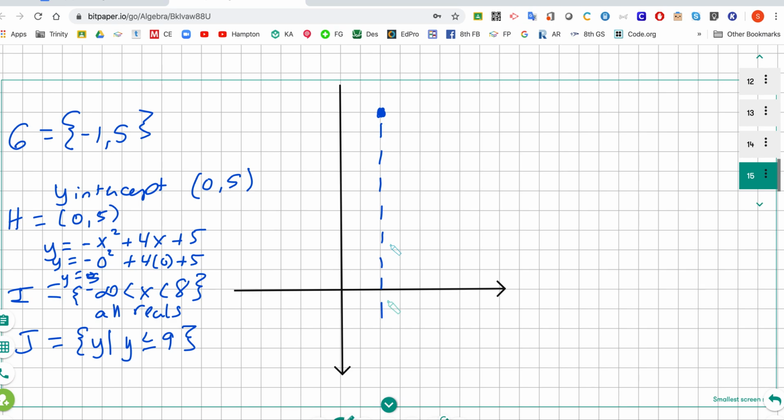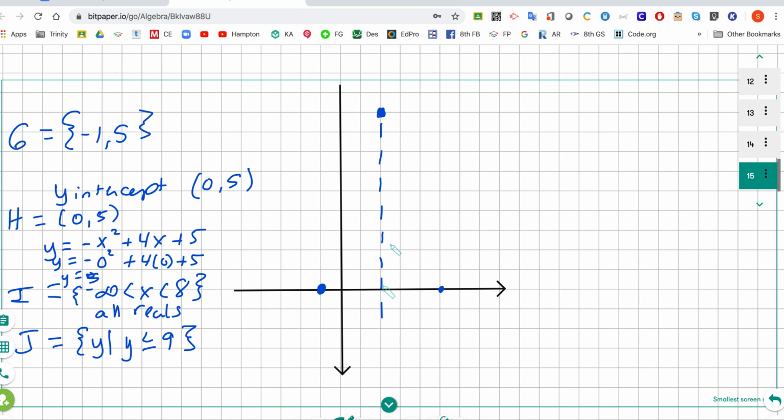So we're going to go to -1, 0, and we're going to go to 5, 0. Now, I want you to notice that the axis of symmetry helps us to double check that we have our x-intercepts in the right place.